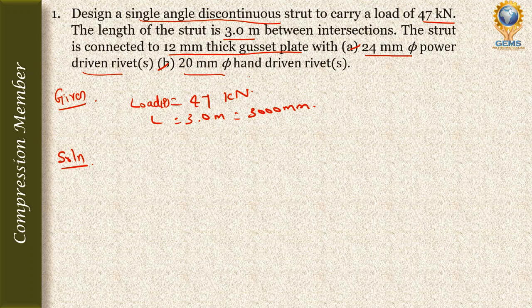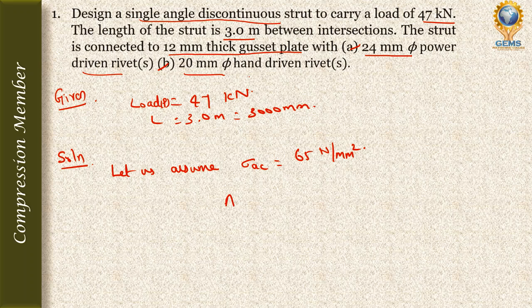First, let us assume the allowable compressive stress for a strut is 65 Newton per mm square. We are assuming sigma AC is equal to 65 Newton per mm square.